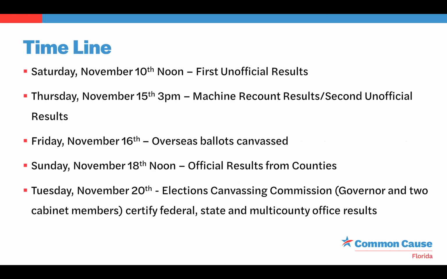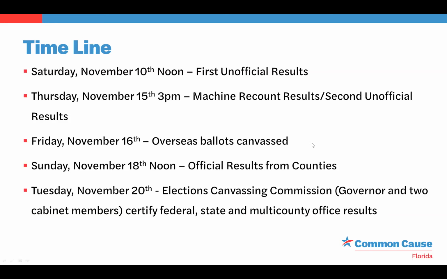So here again is the complete timeline for the certification of elections. We've already had the first unofficial results on Saturday the 10th at noon. We're working to complete machine recounts for Thursday, November 15th at 3 o'clock.